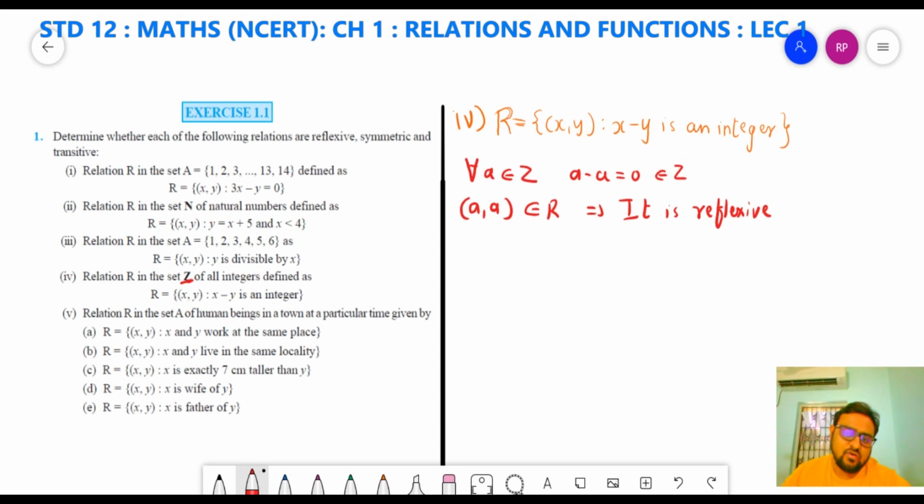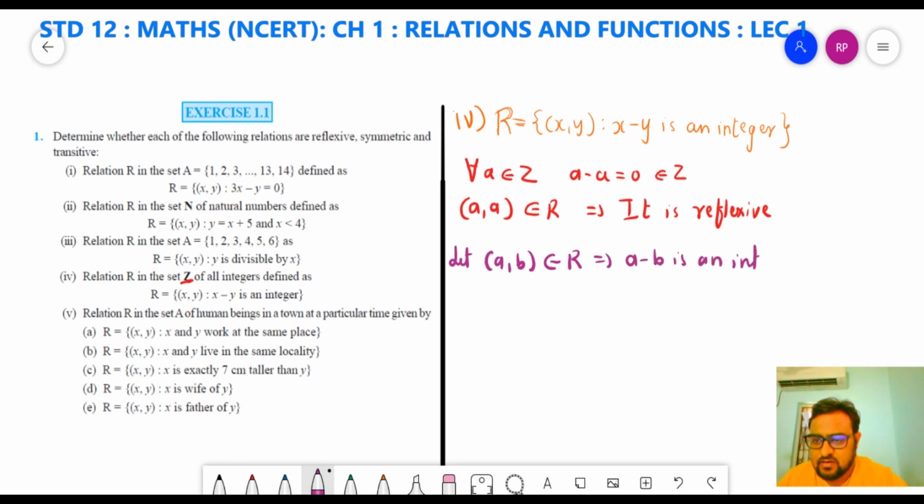Clear? Now let's take symmetry. Now let AB belong to R. So what does that imply? A minus B is an integer, right? So this means that B minus A will also be an integer.